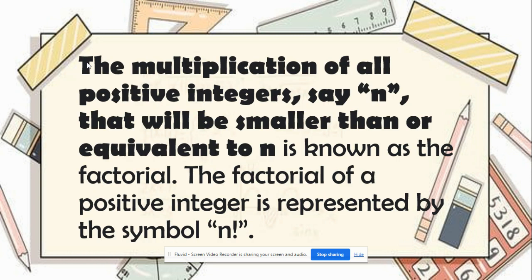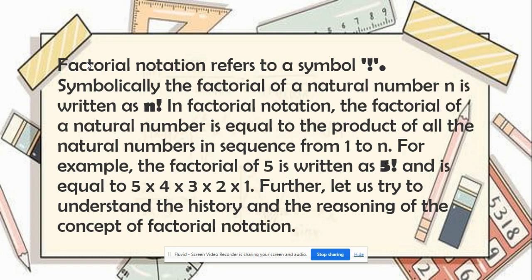The multiplication of all positive integers smaller than or equal to n is known as the factorial. The factorial of a positive integer is represented by the symbol n factorial. Factorial notation refers to the symbol exclamation point. Symbolically, the factorial of a natural number n is written as n factorial.